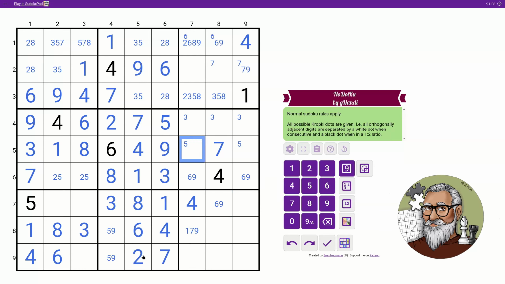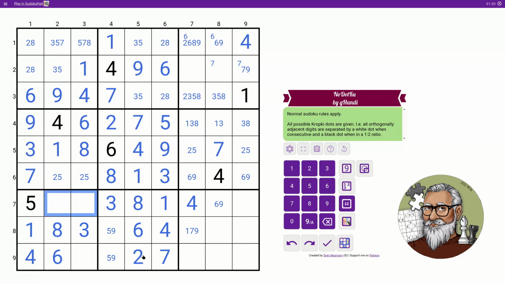Right, and here then I'll have 5 and 2, right? 2 and 5, and there I would have 3, 1, and 8. This one isn't 1, this one isn't 8. And that's about it.